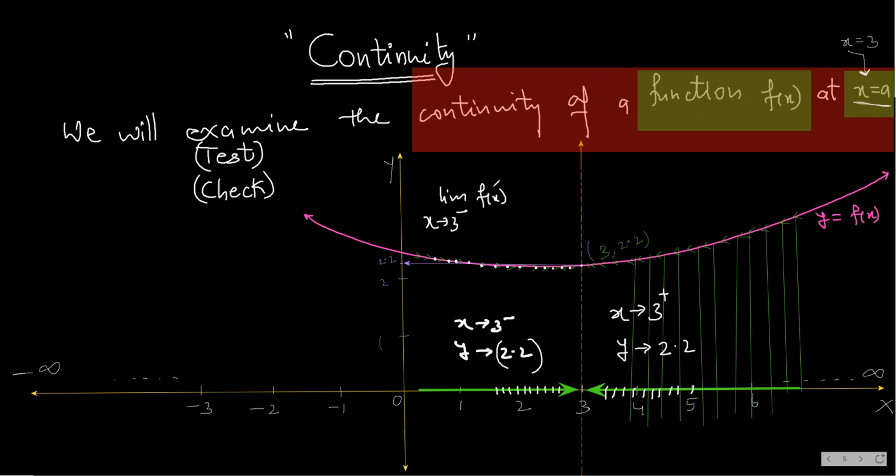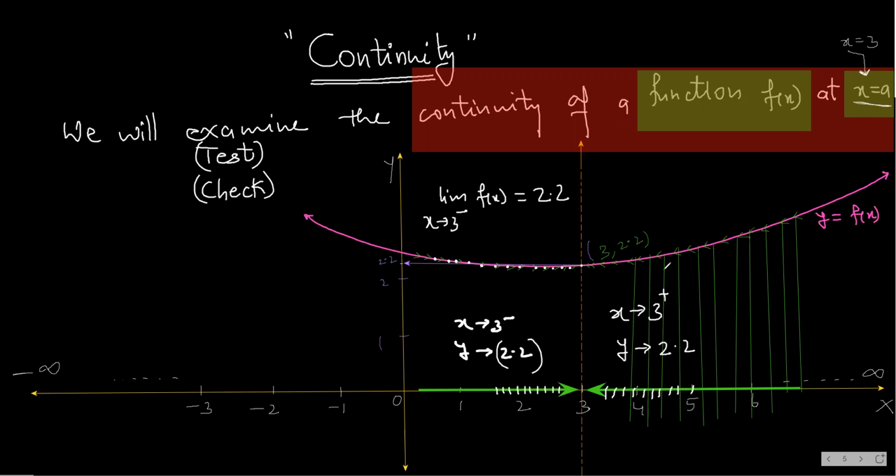The limit of the function when x is approaching 3 from left is equal to 2.2. The function is approaching which number? 2.2.